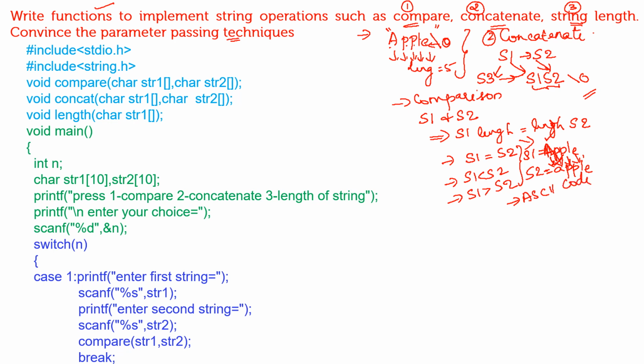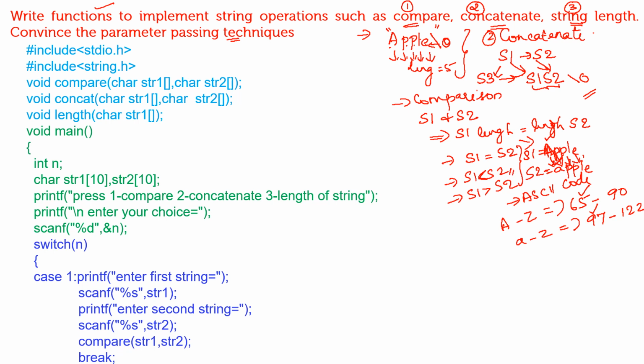Capital A to Z ASCII code values vary from 65 to 90, and small a to z vary from 97 to 122. So in this example capital A is 65 and small a is 97, so you will be getting a negative value. So s1 will be less than s2.